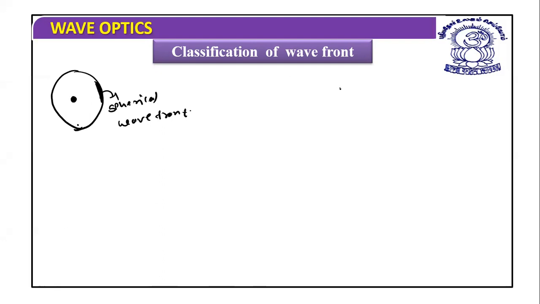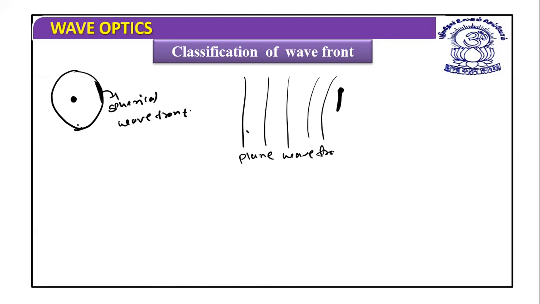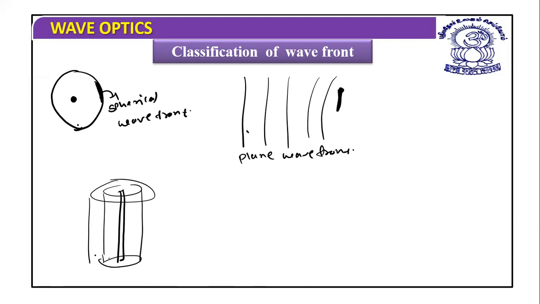When the source is at infinite distance, any type of source, point source or line source, the wavefront obtained is plane wavefront. And when the light source is linear, the wavefront obtained is cylindrical wavefront.